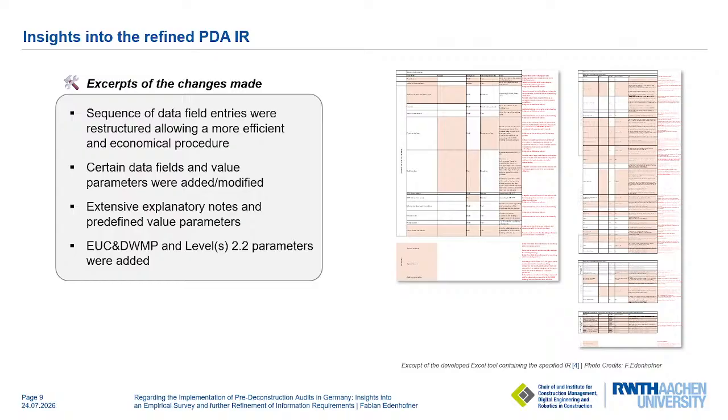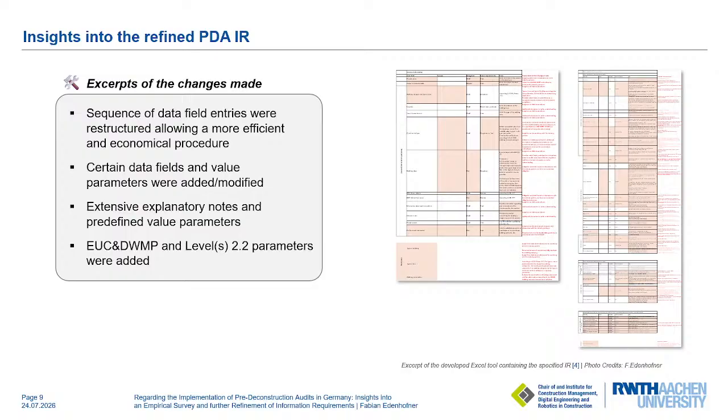Of course, we changed the sequence of the data fields to allow a more economical process. So you now start with an initial subsequent usage potential assessment. And if there's subsequent usage potential, then you fill out the other parameters, thus allowing a more efficient, economical procedure. Certain data fields and value parameters were added and modified according to the needs of the practice.